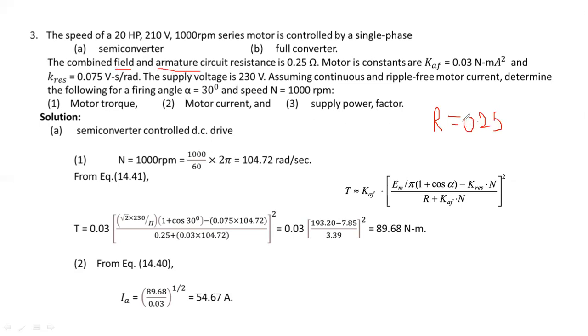So capital R is given as 0.25 ohms, and the motor constants are Kf is 0.03 Newton meter per ampere square and K residual is 0.075 volt second per radians. So here two constants have been given because this is a series motor.